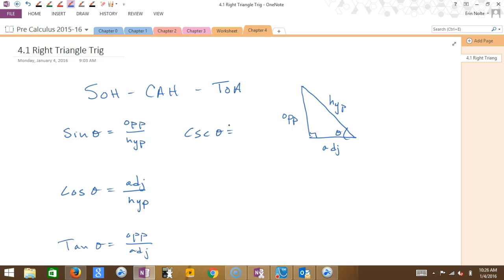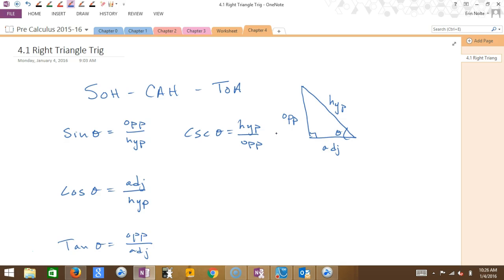If I just flip my opposite over hypotenuse, then the cosecant is hypotenuse over opposite. Excuse me, my brain didn't flip. CSC. Yep. Okay, so they're just reciprocals.